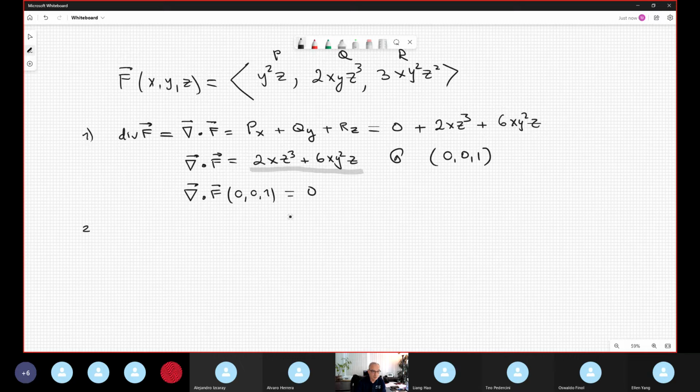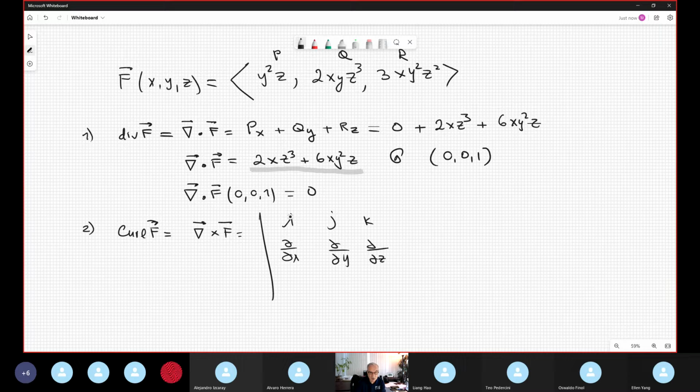Number 2. Compute the curl. The curl, and the other notation is nabla cross F. So, i, j, k, partial derivatives. This is totally symbolic, guys. It's a mnemonic device that mathematicians created to understand that part.